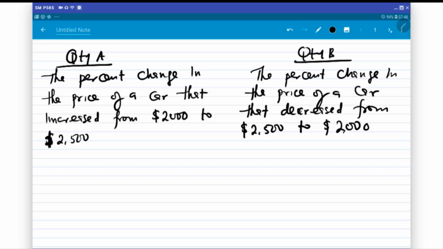Okay, so the question is talking about percent change, so don't be deceived with the issue of increase or decrease.